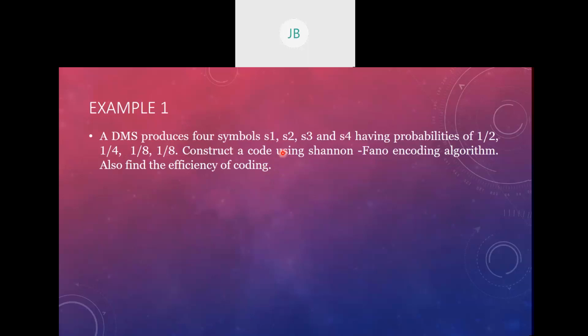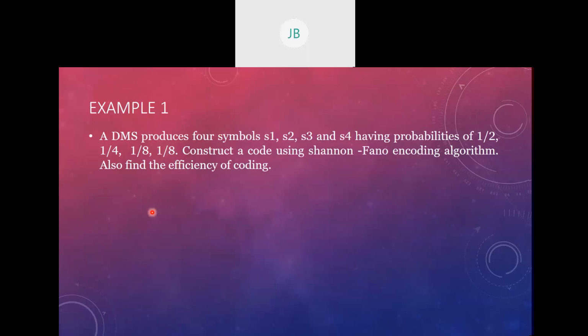The first task is to construct the code using Shannon-Fano encoding. For this, what we need is nothing but the symbols and their probabilities. Since we have them already, we just need to apply the steps of Shannon-Fano encoding that we studied earlier.